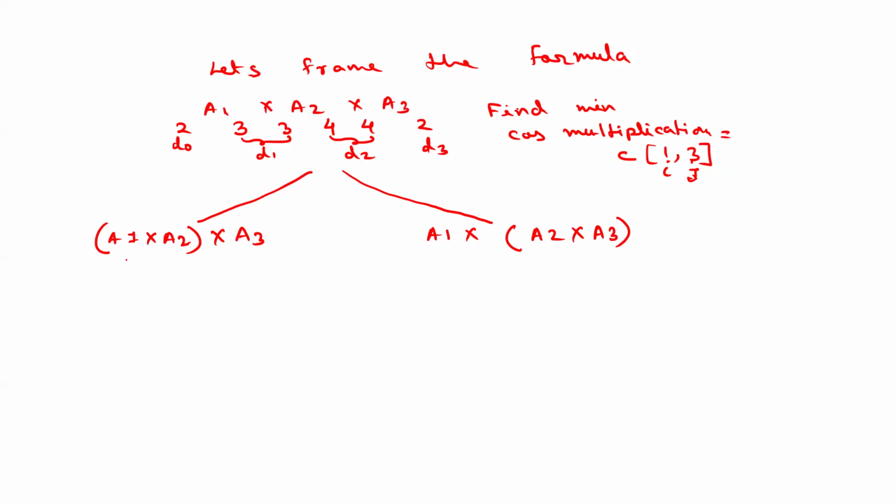So A1 into A2 means cost of matrix 1 with matrix 2, and A3 means cost of 3, 3, that is matrix A3 multiplied with itself. So what is the cost of C1, 2?